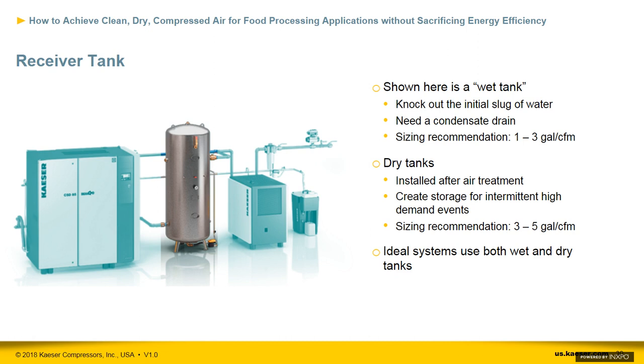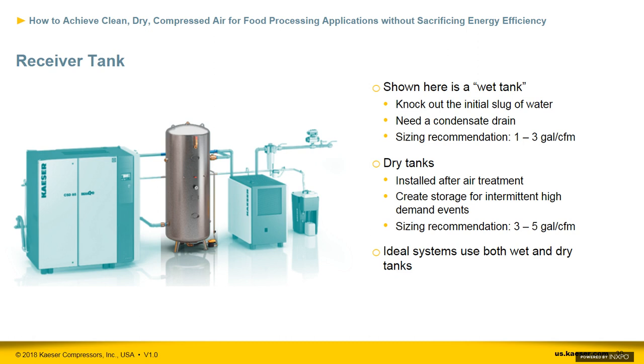Next, we have an air receiver tank. I'm often asked where to install a receiver tank, and it honestly depends on what your goals are. In the setup here, we have a wet tank. This is installed after the compressor and before the air treatment. It functions to knock out additional condensed water due to the cool down of the compressed air.